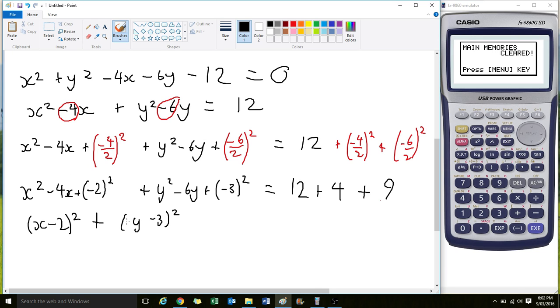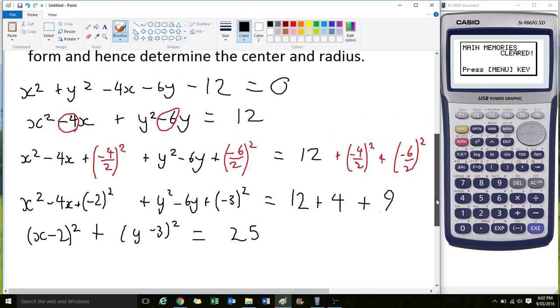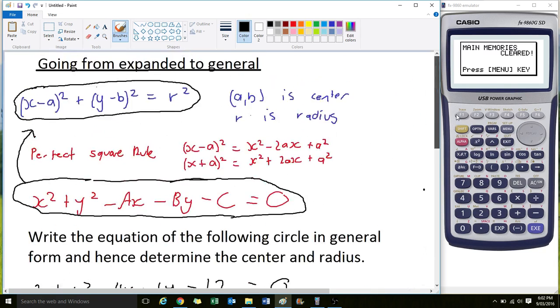And if you expanded the y take 3 squared out, this is what you would get here, okay? And that is equal to 12 plus 4 plus 9, so 16 and 25. Okay, now look at this, all right? We have this, which is exactly the same as the general form of a circle here, okay? I'll copy this and move it down so we can see.